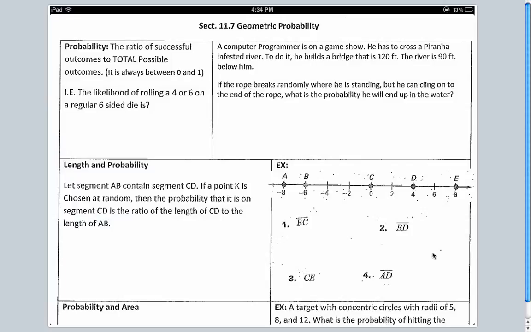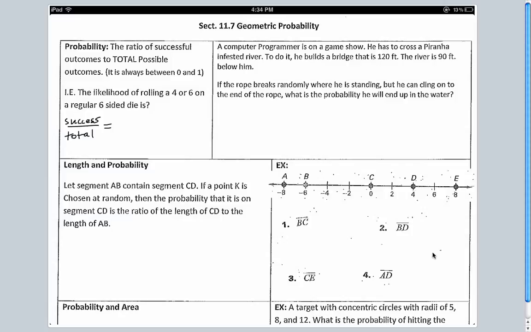So if we look at the likelihood of rolling a 4 or a 6 on a regular-sided die, we're going to take the successful number of outcomes, success divided by total, and that's going to equal a 4 or a 6 on one regular-sided die.